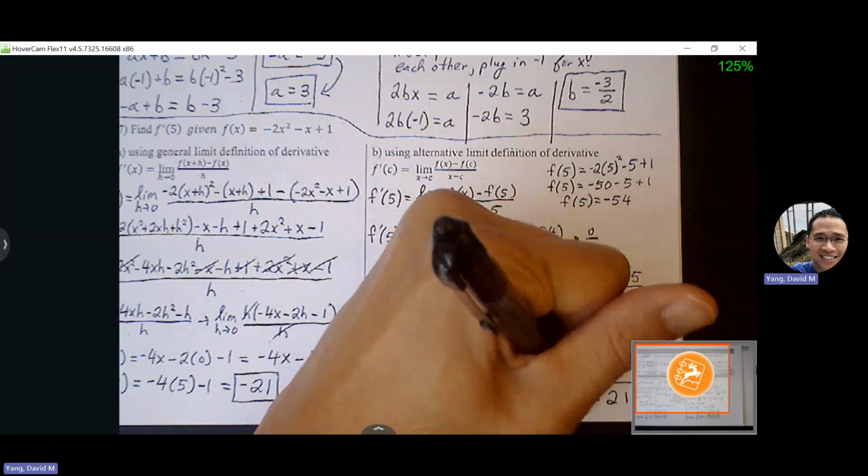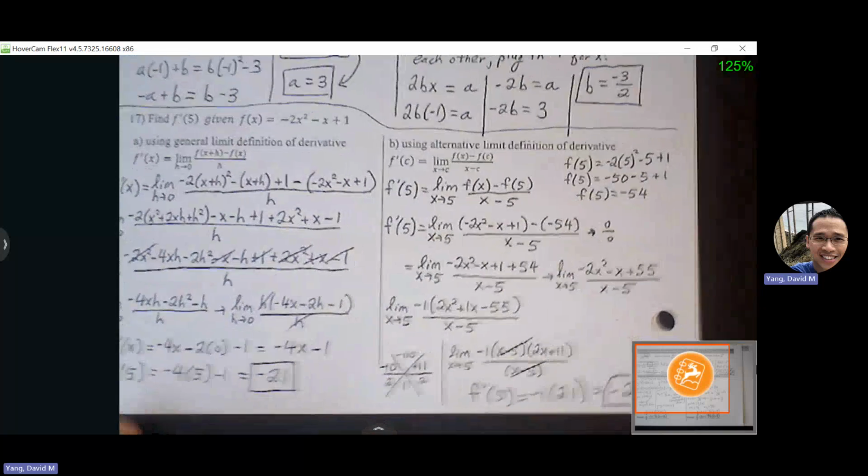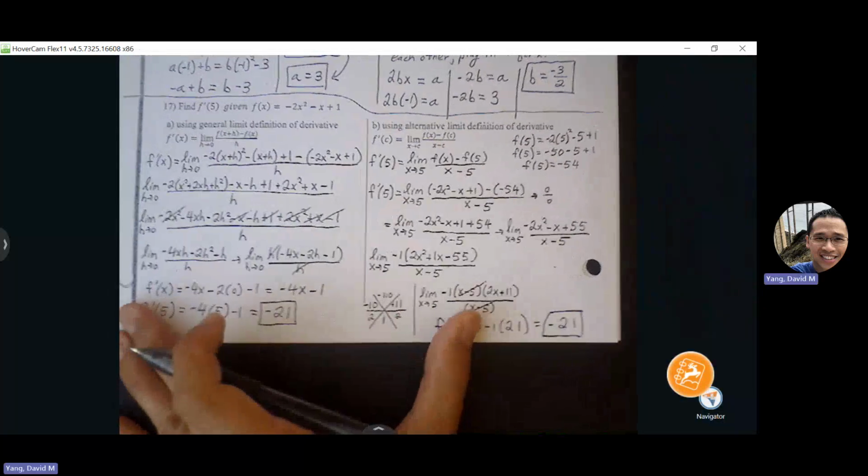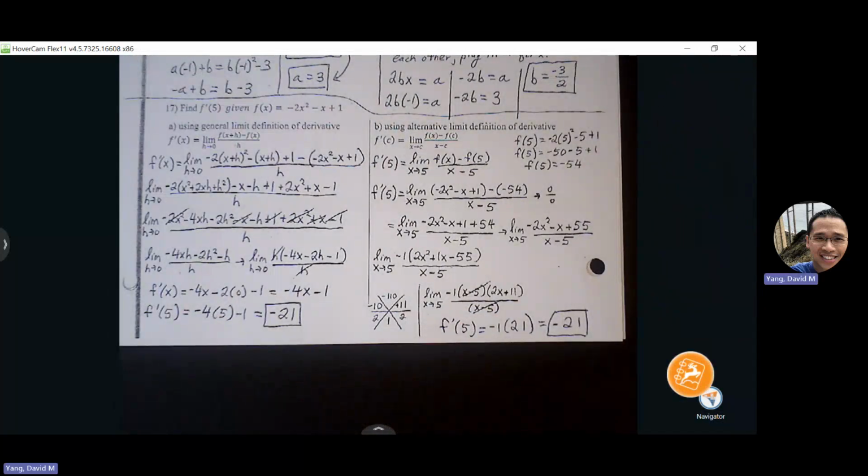Yeah, we'll get the same answer on both sides because it's the same function, just a different process, a different method.